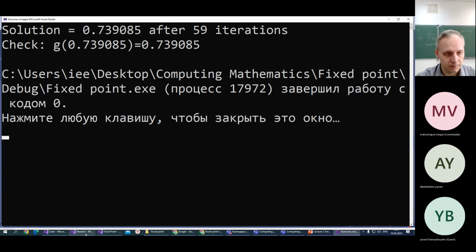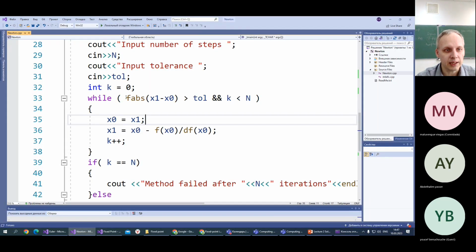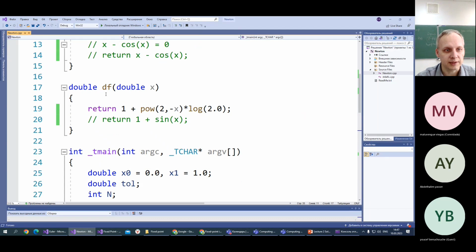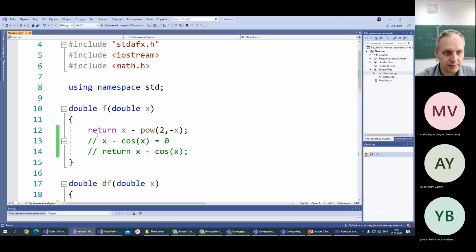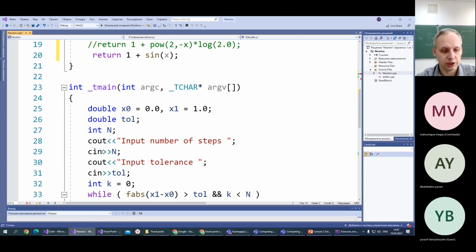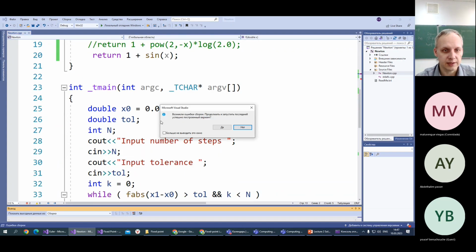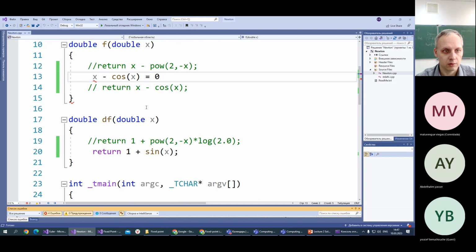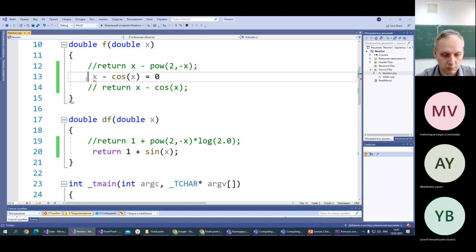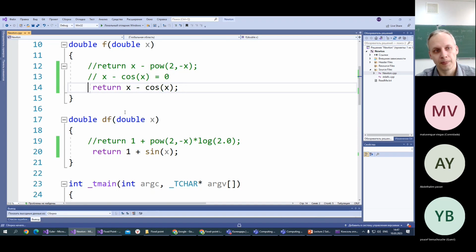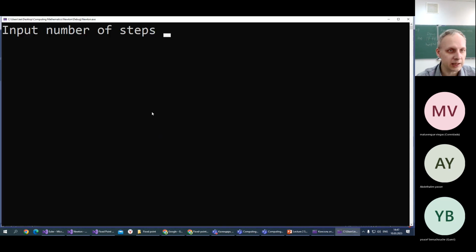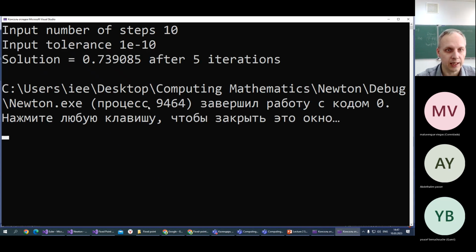If you remember, when we applied the Newton method for solving the same problem, let's apply the Newton method and take the same tolerance, 1e minus 10.